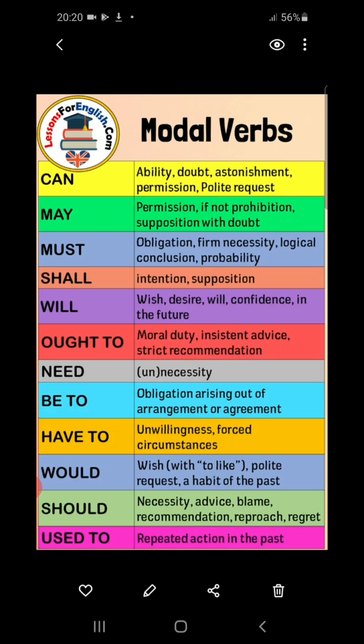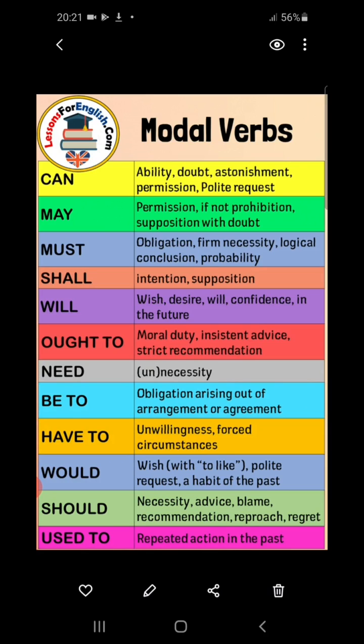Next one, have to. Unwillingness, forced circumstances. So basically, what you are not willing to do, so you have to do that task. So have to is used there. Forced circumstances. Definitely, if you don't have the desire to do that task, you are forced to do that.